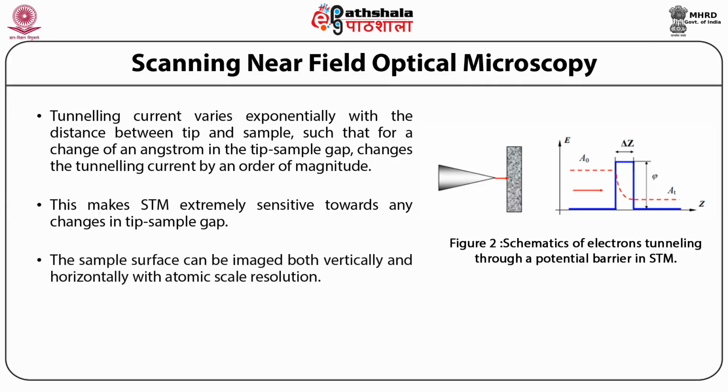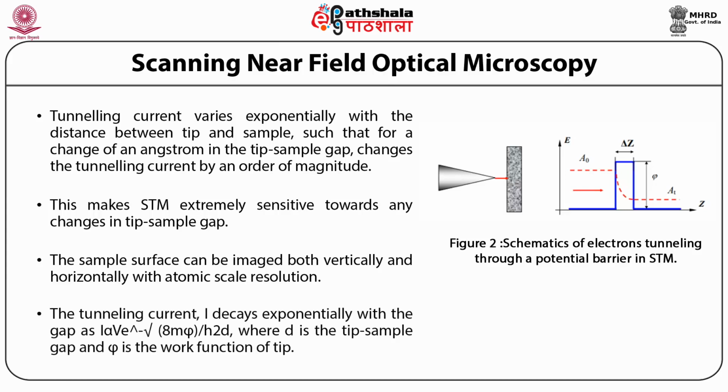The sample surface can be imaged both vertically and horizontally with atomic scale resolution. The tunneling current I decays exponentially with the gap as I proportional to V e raised to the power minus square root of 8 m phi by h squared times d, where d is the tip-sample gap and phi is the work function of the tip.